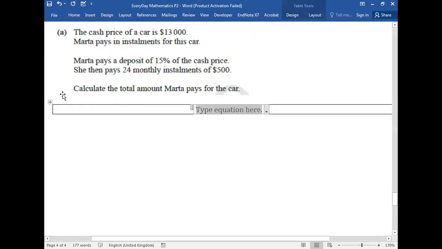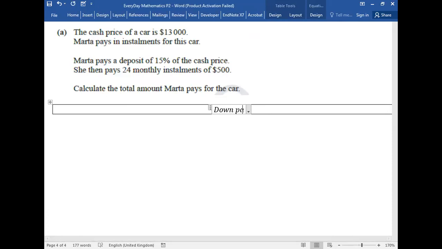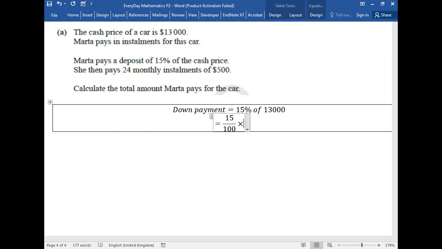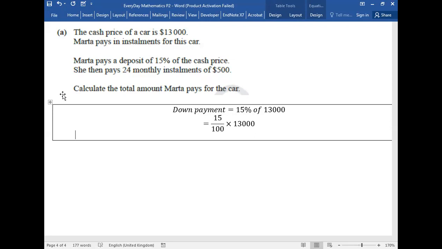So first let's calculate the down payment. It is the initial amount that you pay, which is 15% of 13,000. So 15% is 15 upon 100, or how else can I simplify 15%? 0.15.